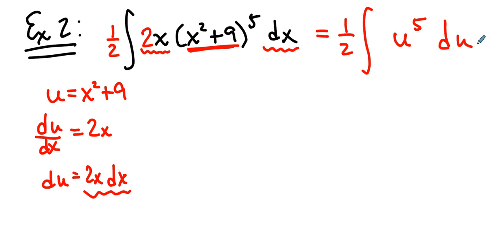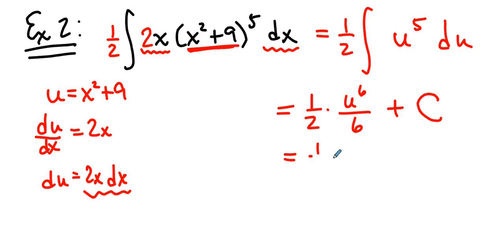And then we do this in exactly the way we would imagine. We take an antiderivative of u to the 5th. Increase the power by 1, divide by that new power, and then we take all of the antiderivatives. They all differ by a constant. So this is 1/12 u to the 6th plus a constant.